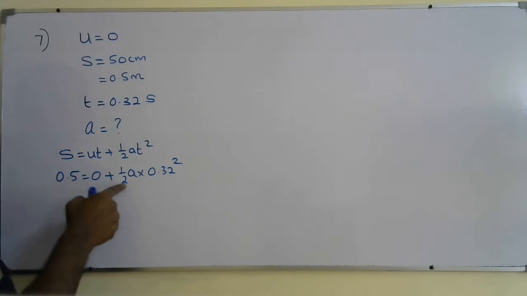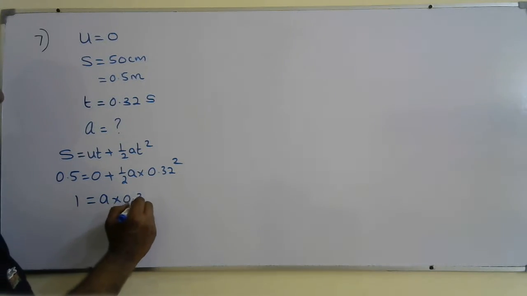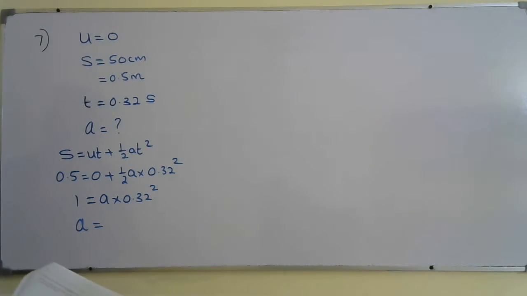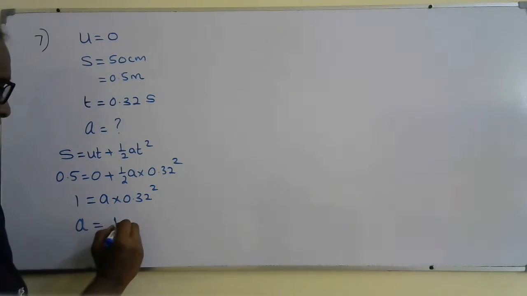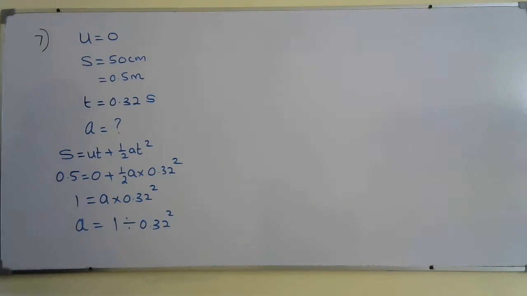Cross multiply. 0.5 into 2 will be 1. So 1 equals a into 0.32 squared. So a is equal to 1 divided by 0.32 squared. So correct answer A. Question number 7, correct answer A.